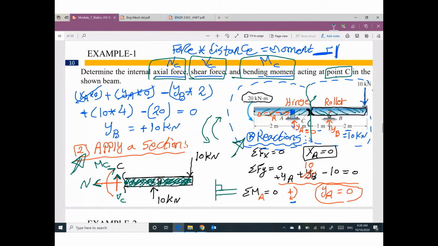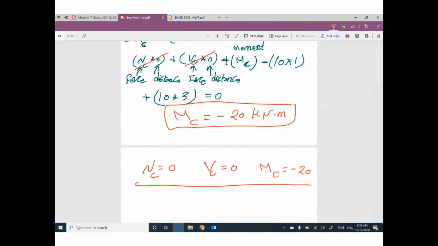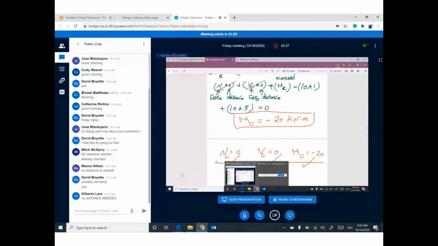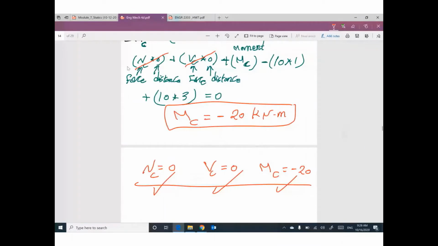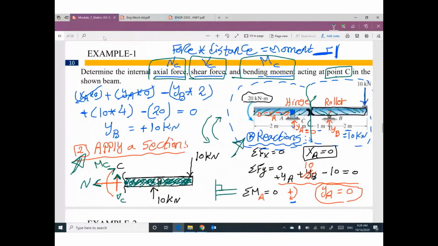Believe me, both of them must give you the same answer. Don't worry. So normal, shear, and moment. Anybody has any question? It looks like a very simple problem. In the exam, you must finish this problem to the end. You must get the full credit for this type of problem. The only challenge in this type of problem is how to calculate reactions. Then it's a piece of cake.